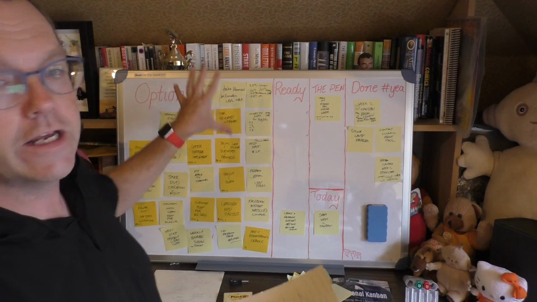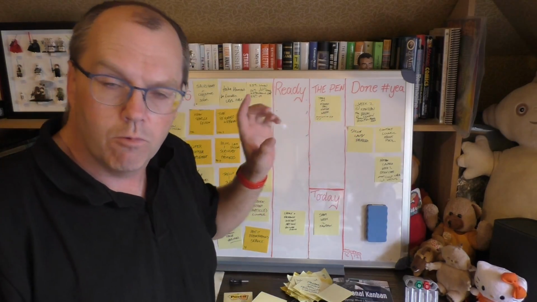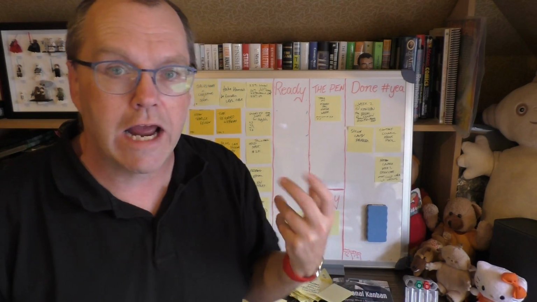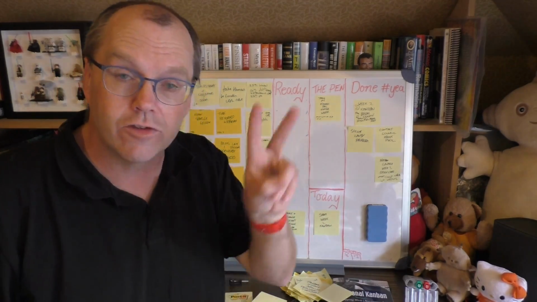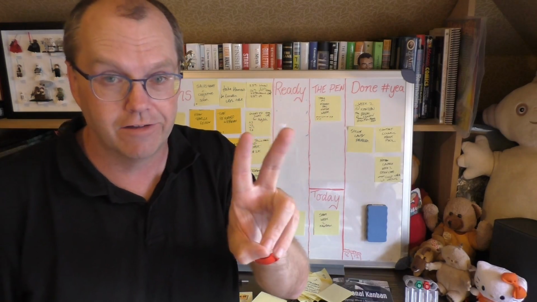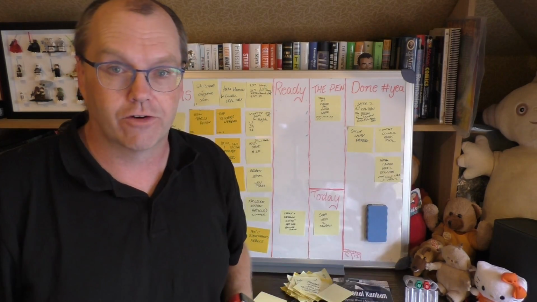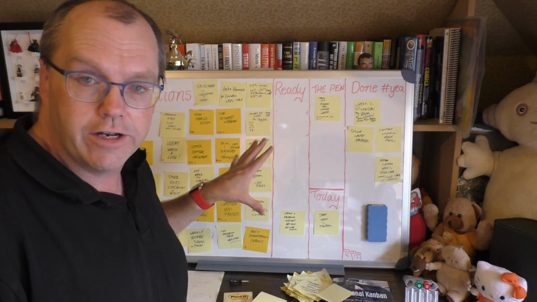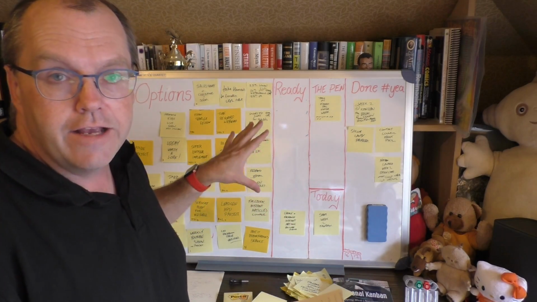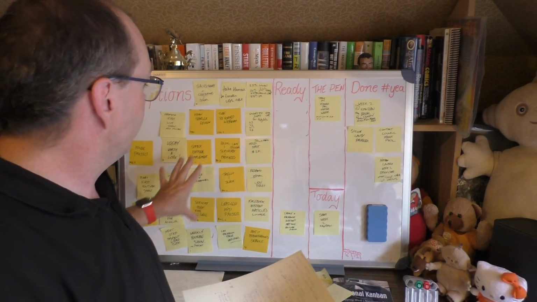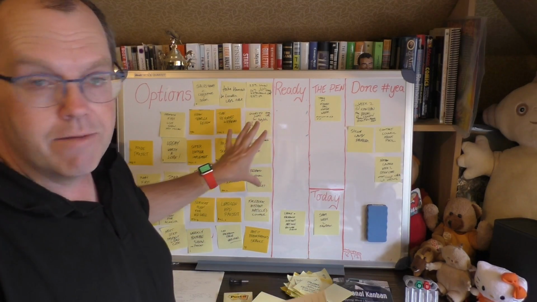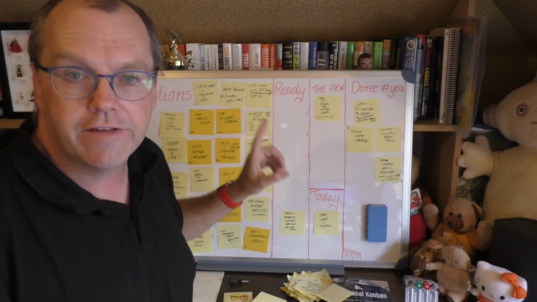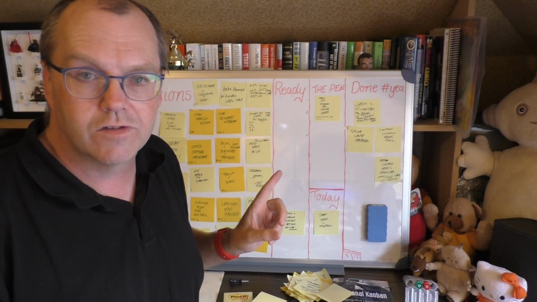Once you've got it populated, one of the things that you can do, and this is real, how you arrange your options column, I really don't care. It's not one of the 2 rules. I've only got 2 things that I insist on. Everything else is up for grabs. But with the options column, what I do find it helpful for clients to do is to maybe look at all of these things that you've put down, and maybe at the top put the highest value items to you.